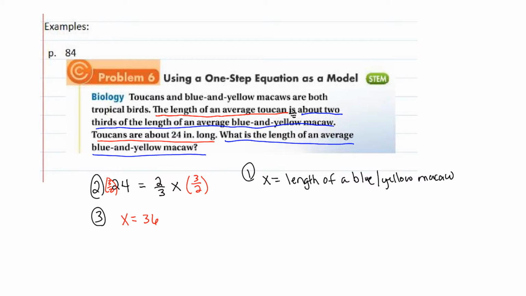So the average length of a blue and yellow macaw is 36 inches. And then step 5, does that make sense? Knowing that a toucan is about 24 inches long and knowing that the blue and yellow macaw is going to be longer than that, yes, it does make sense.